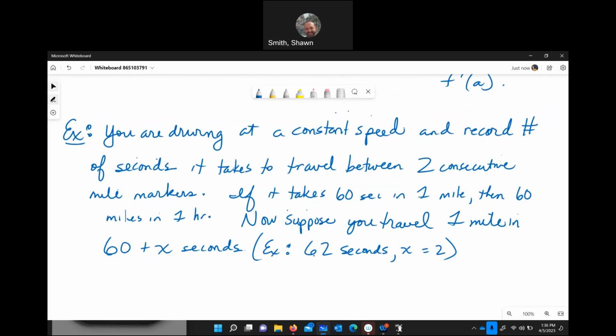If you're going faster, x will be negative. I mean, if you're going slower, x will be a negative number, right? Let me erase that and put that example. Let's say 57 seconds it took. x is -3.